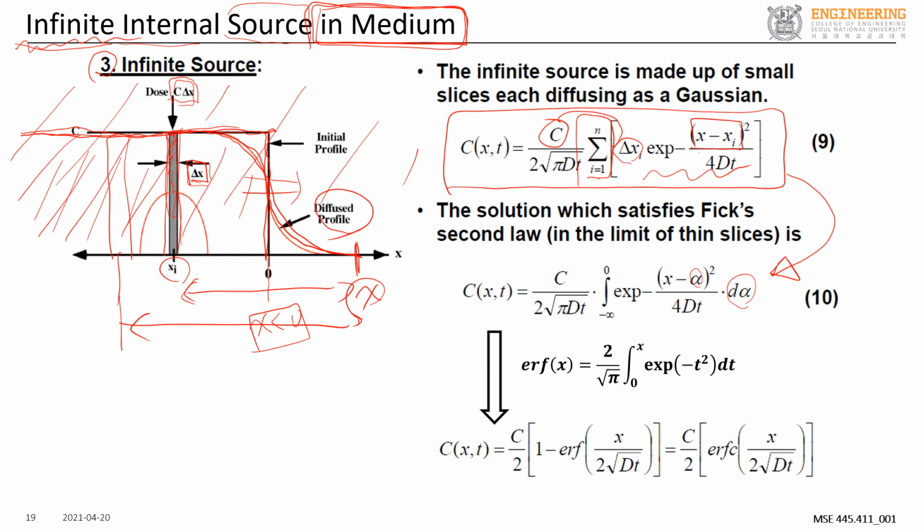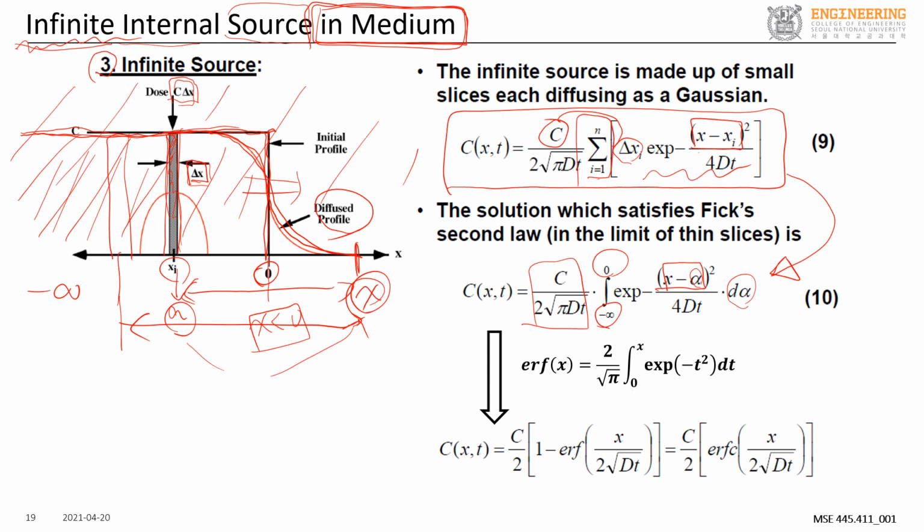And so now alpha changes from 0 to minus infinity, right? And that's the distance between this small bar and the actual location where you want to know the concentration. And this is exactly the same equation that we talked about for the Gaussian profile.